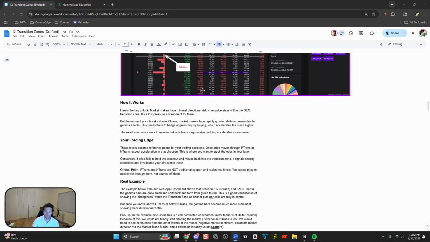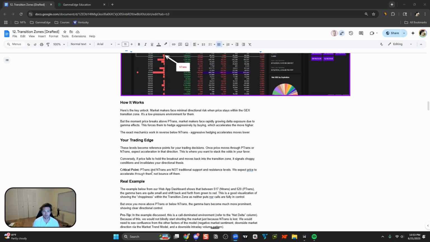So in this example, when price breaks higher above P-trans, generally in a call-dominated speculative market, those traders are going to be long those calls. Market makers, therefore, are short those calls. As price breaks through to the upside, traders are getting longer as those call contracts gain value. Market makers are getting shorter. Therefore, they must be aggressively hedging, which could accelerate that move higher.